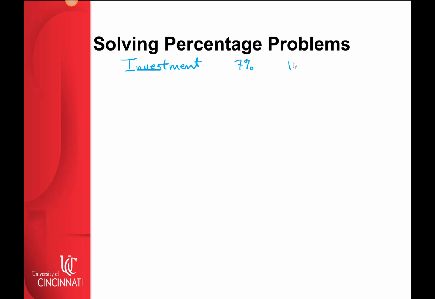This quarter, it's earning 11%. So let's say that this was quarter 2, and this is quarter 3. Was it an increase or a decrease in the percentage yield? It's an increase. Okay?